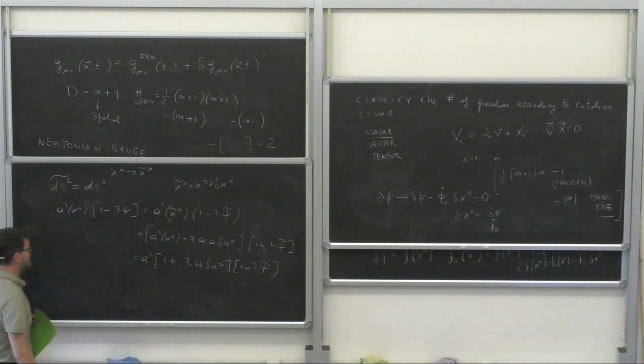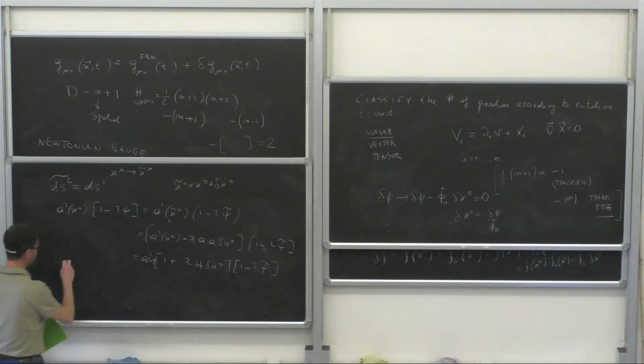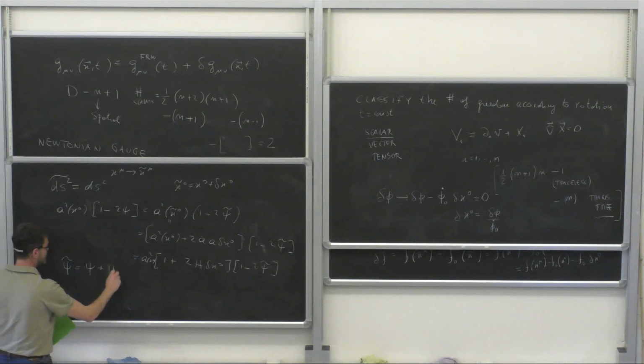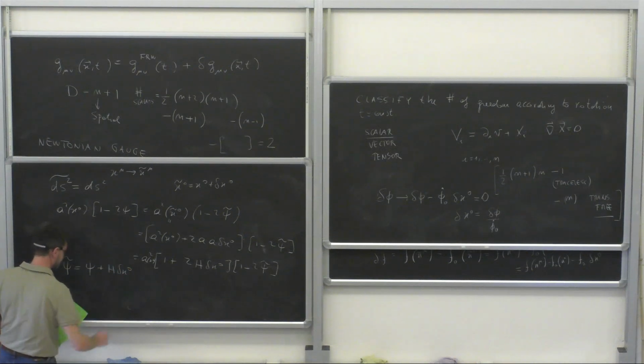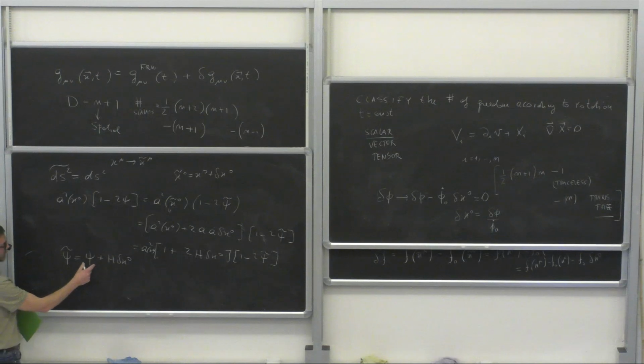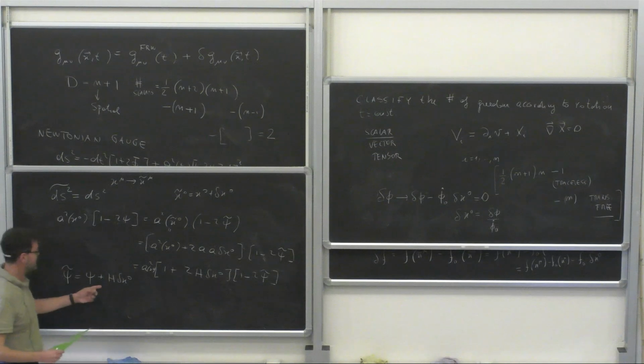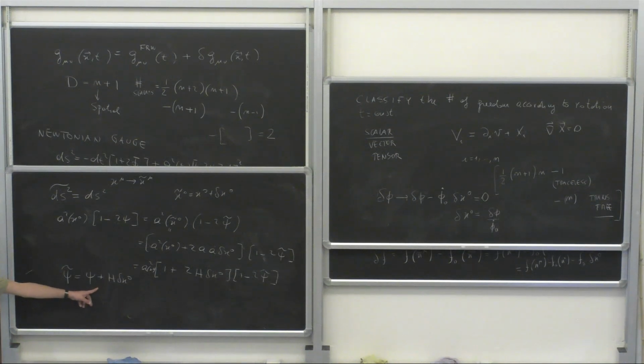Okay, so from here, when you combine the two, you will see, because this now is a function of x0, that psi tilde is nothing else than psi plus h delta x0. So psi, the gravitational potential, so the scalar that is in front of the spatial part, transforms like this. It's not invariant, as you expect, and it transforms like this.